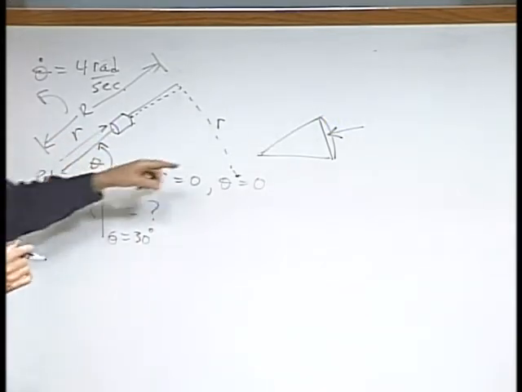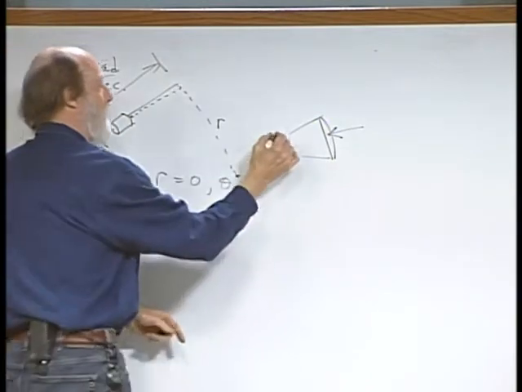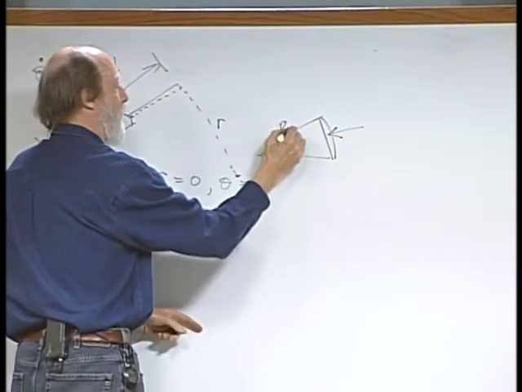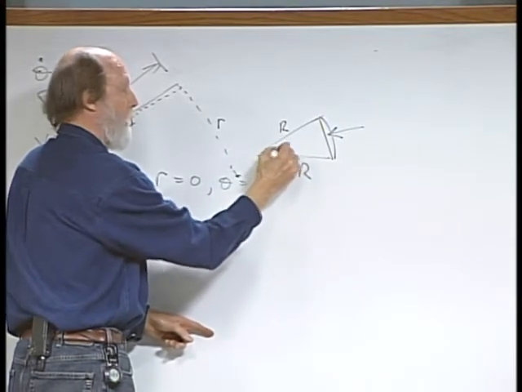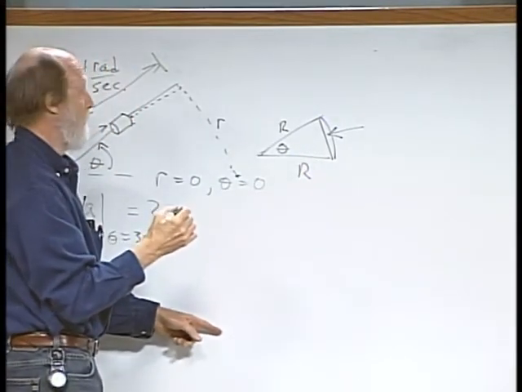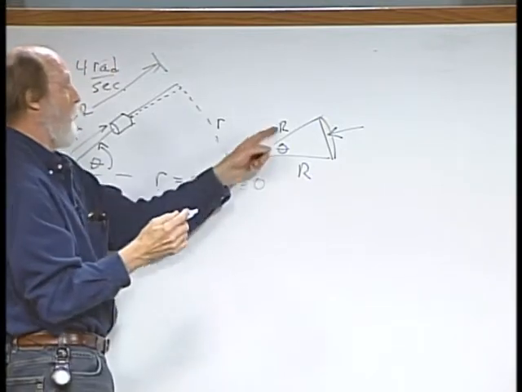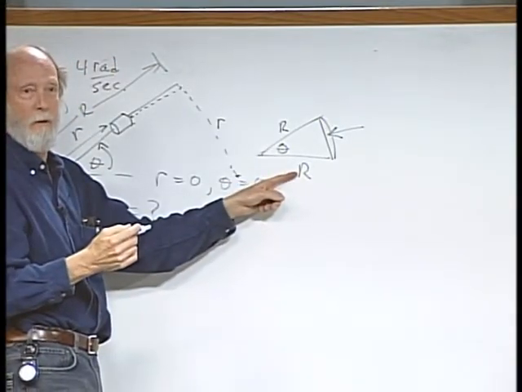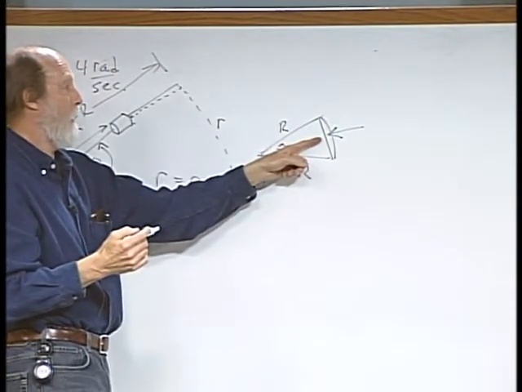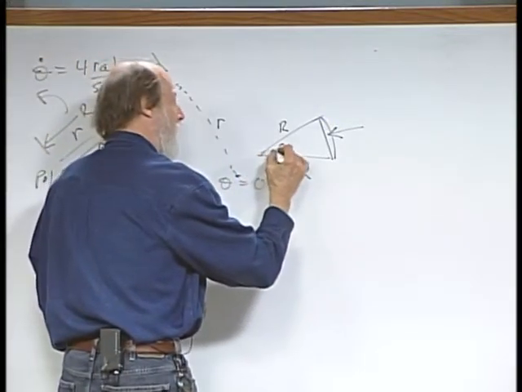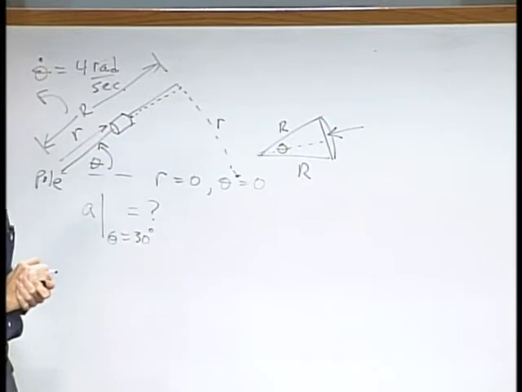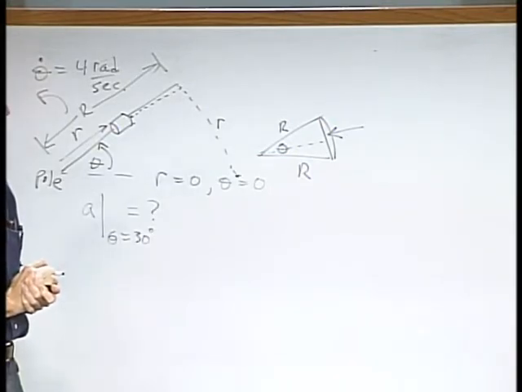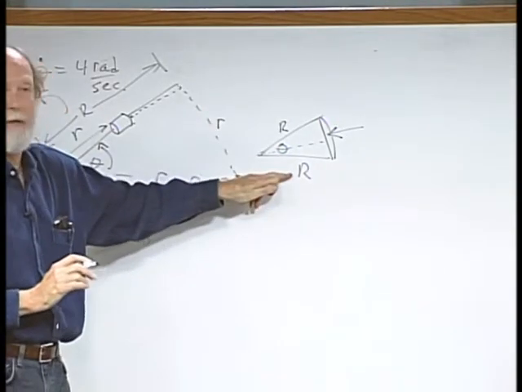Which means that little r is equal to, well, can we write a description of that? We have a cord length right here. This is capital R. This is capital R. This is theta. So you can use law of sines, or the fact that it's an isosceles triangle. Well, we have side angle side here, don't we?